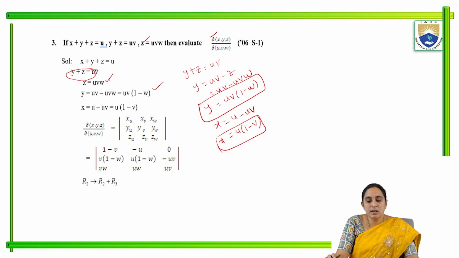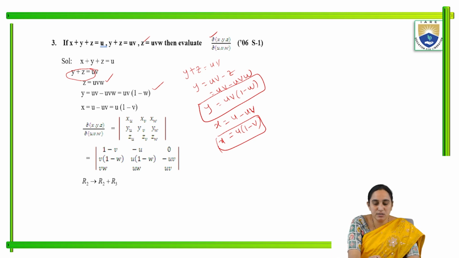Okay, now what they are asking in the question is the differentiation of x, y, z with respect to u, v, w. For that, what is the formula? dou of (x, y, z) by dou of (u, v, w) is equal to the determinant of x_u, x_v, x_w, y_u, y_v, y_w, z_u, z_v, z_w.